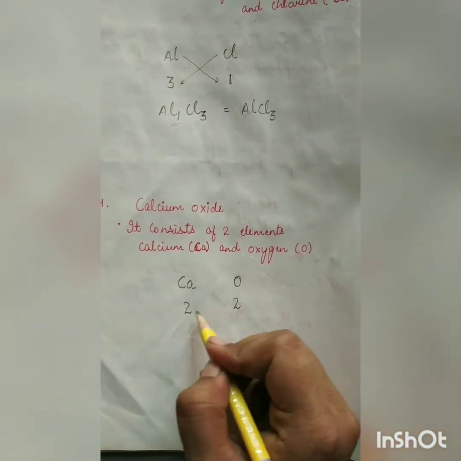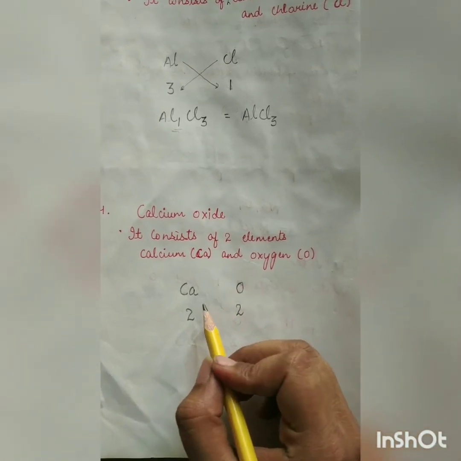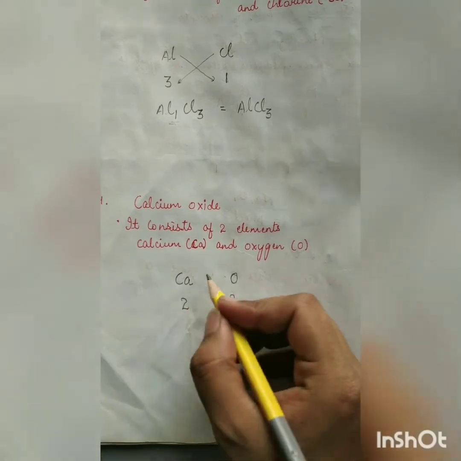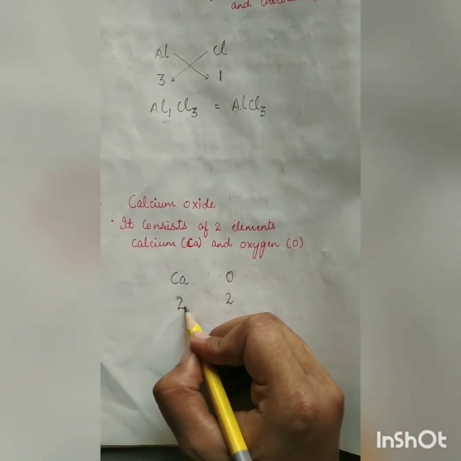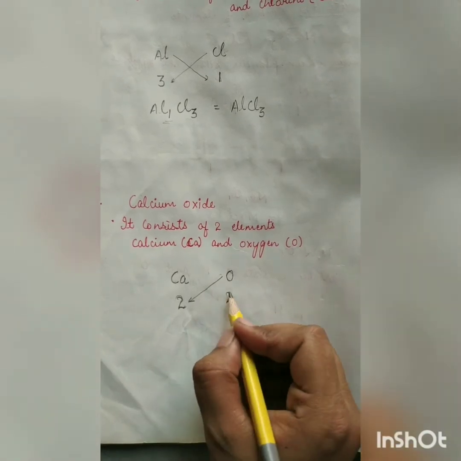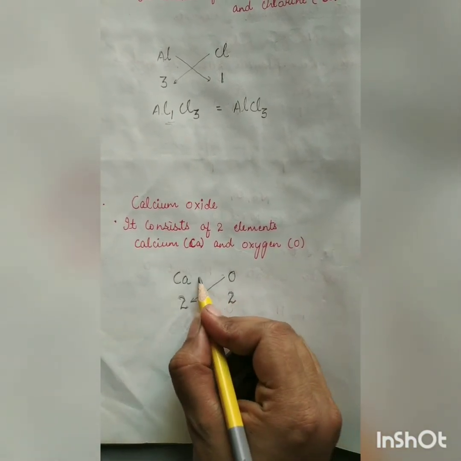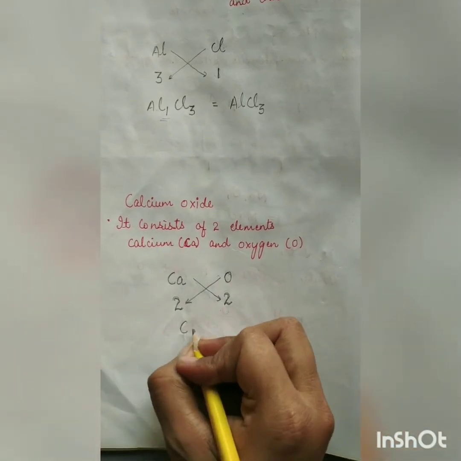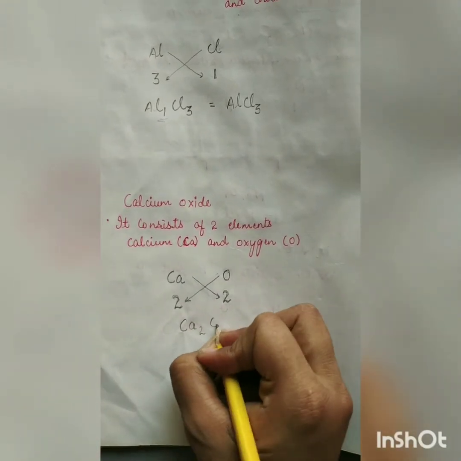After writing these valencies, third thing we do is interchange the valencies. Like this valency of calcium will be used as subscript of oxygen and this valency too will be used as subscript of calcium. So it becomes like Ca2O2.